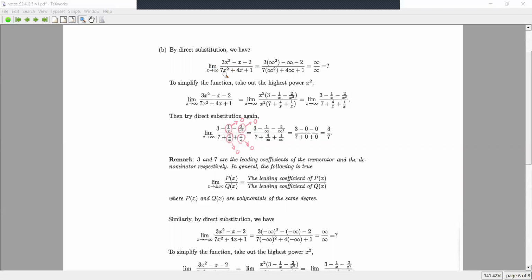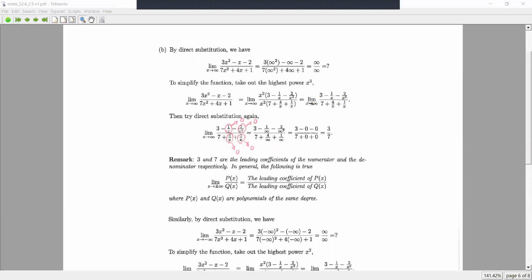The highest power in the denominator is x squared. I also take this x squared out from the denominator. Then we have this equation. Now, cancel x squared from the top and from the bottom, then we have this equation.